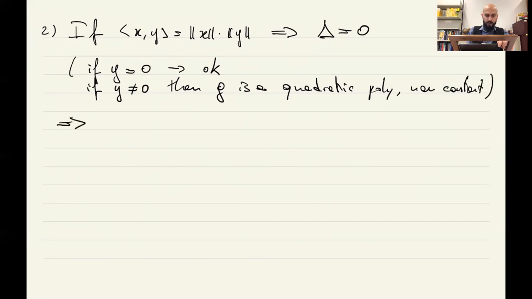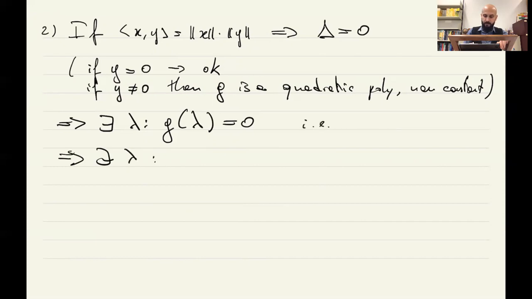So therefore we have that there exists some lambda such that g of lambda is equal to 0, which means that there exists some lambda for which the scalar product of x plus lambda y with itself is equal to 0, but we know that the scalar product of an element with itself is always positive unless the vector is 0.